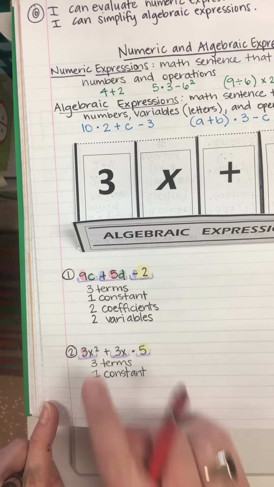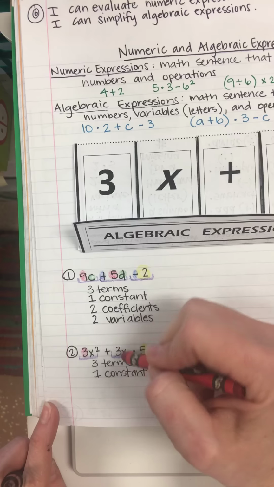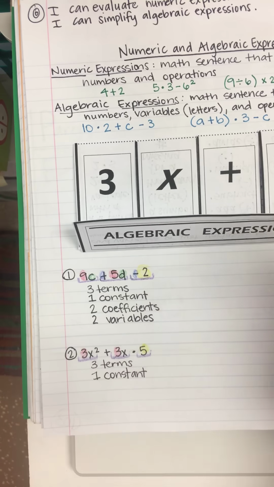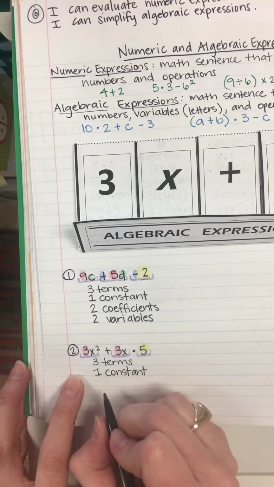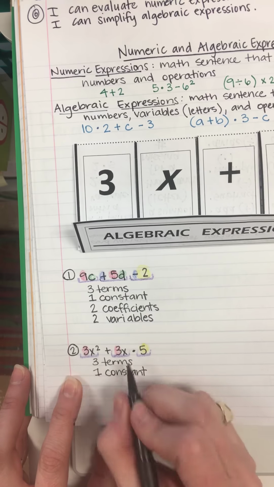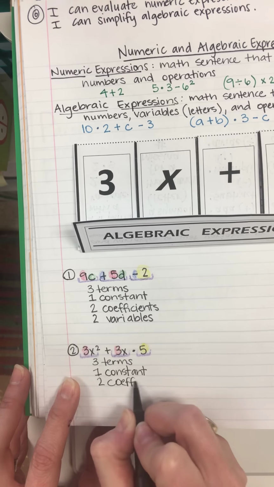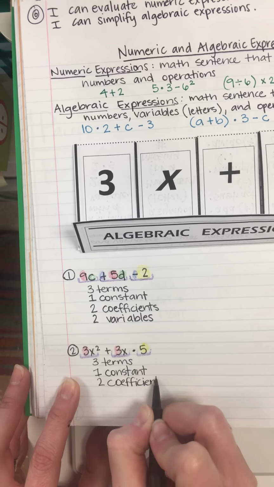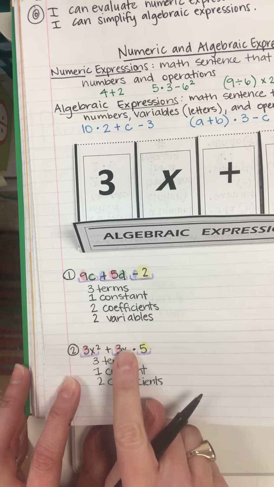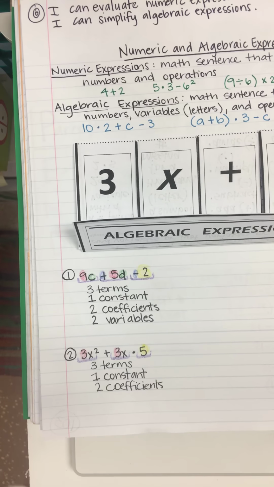I have a 3 that goes with my x squared, and I have a 3 that goes with my x. Now, even though those are the same number, we can actually say we've got 2 coefficients because this x squared and this x are not the same. We're going to talk about what those are called in just a second.